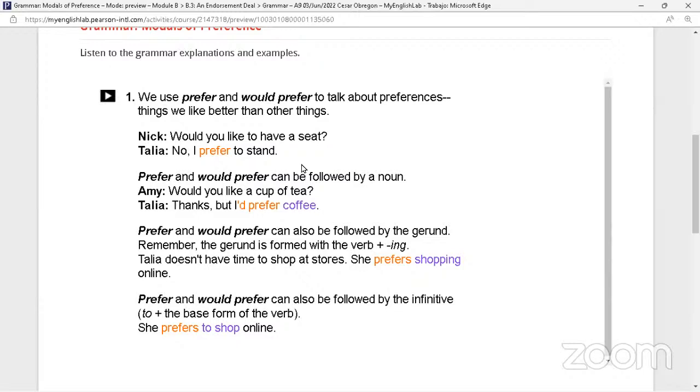But I can use prefer or would prefer followed by gerund or infinitive. Correct, if the meaning still is the same, because it does not apply for all the nouns, because some of the nouns have a different connotation whenever you use prefer or would prefer.